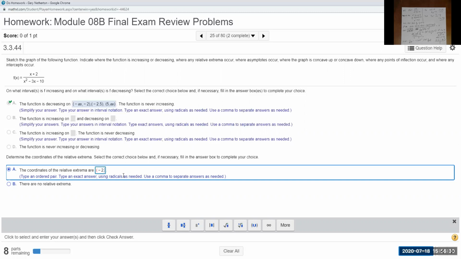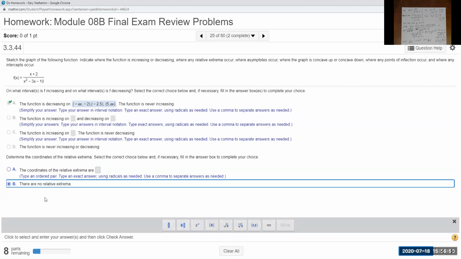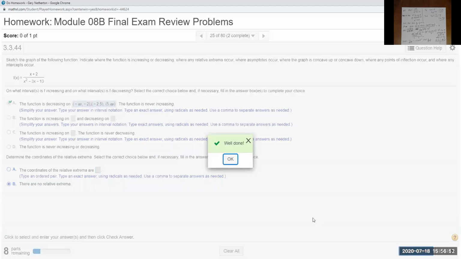So I think the function is undefined. It's interesting. So my guess is maybe there are none.